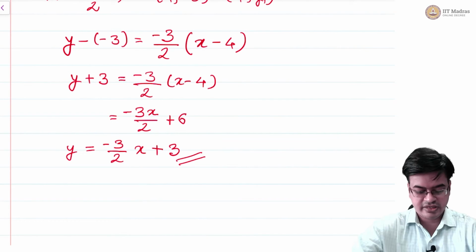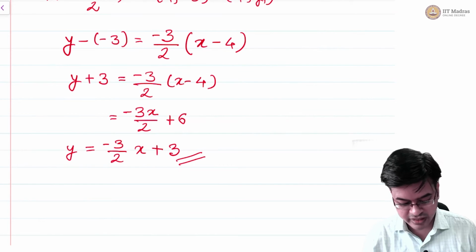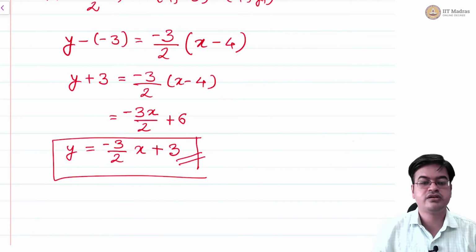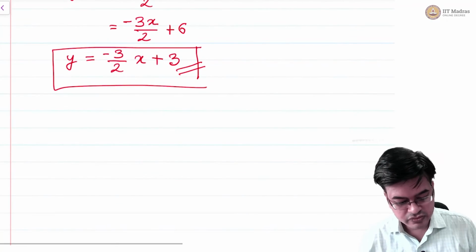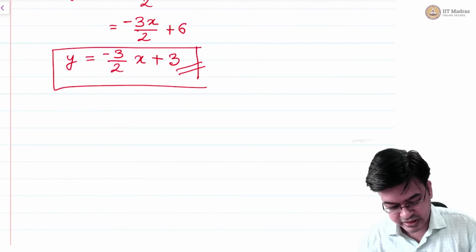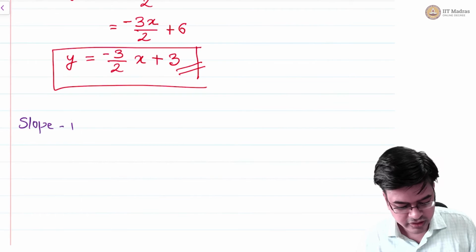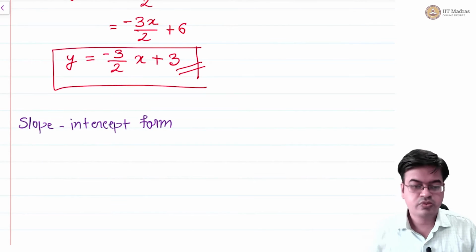Another easy way to deal with this is the slope intercept form. When we are writing an expression in this form, we are actually writing it in slope intercept form. How? Let us see. So the next form that we will study is the slope intercept form. So what is an intercept?